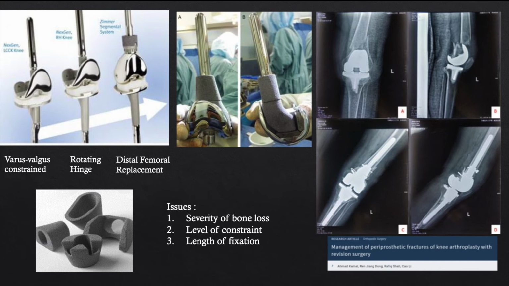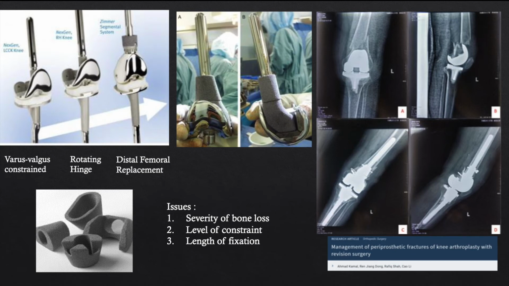So how are we going to get this zonal fixation correct? We have at our hands a whole series of implants ranging from standard varus valgus constrained knees like LCCK to rotating hinge type implants, and these are used when we lose the distal condyles and we lose control of the collateral ligaments. And of course, to the distal femoral replacement implants when we have to deal with an entire lost distal femoral segment.